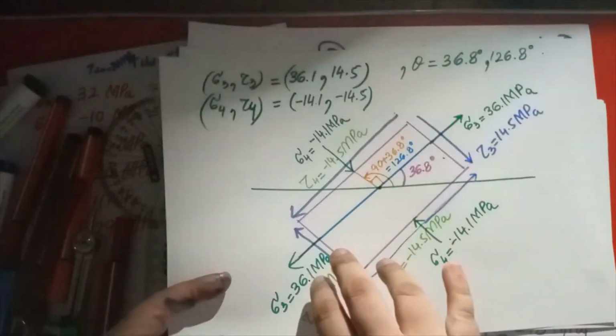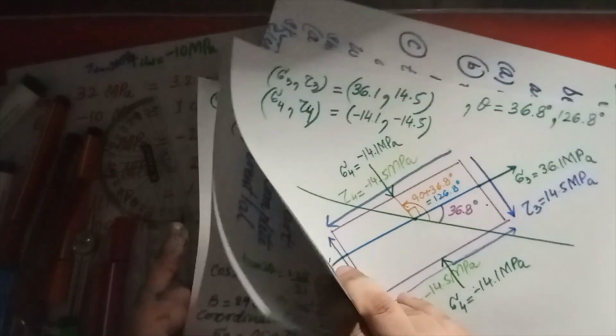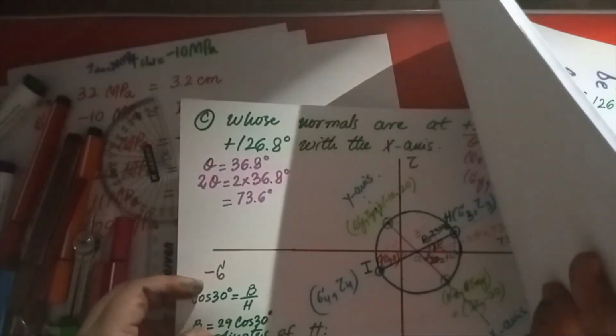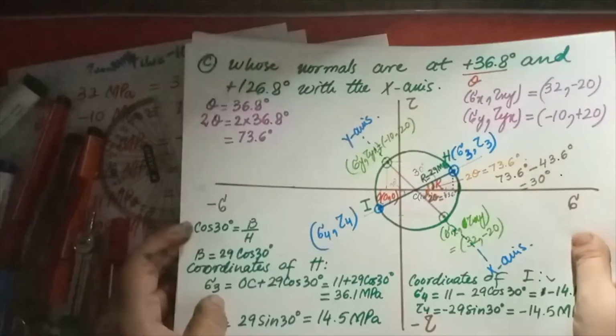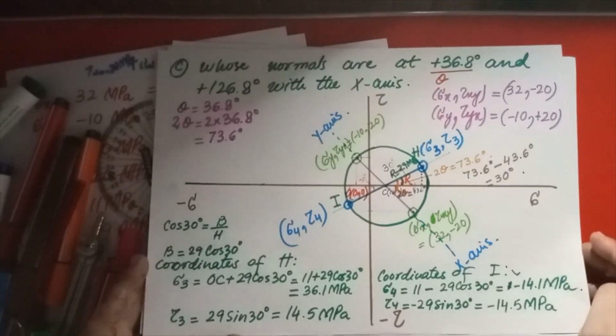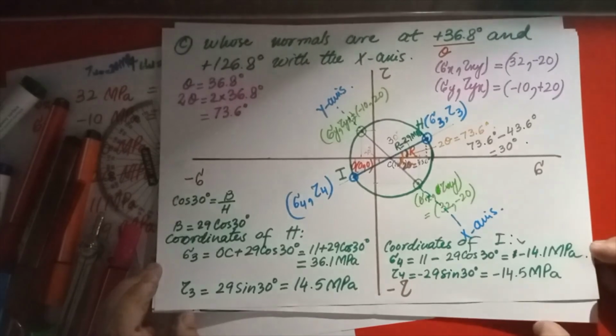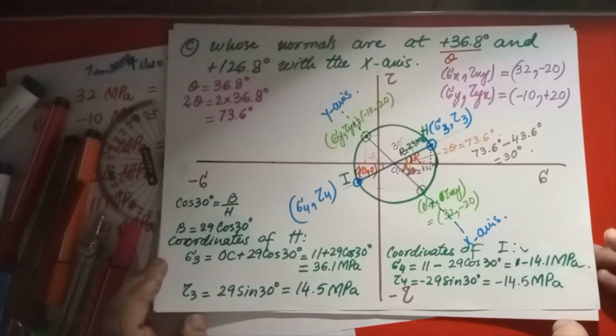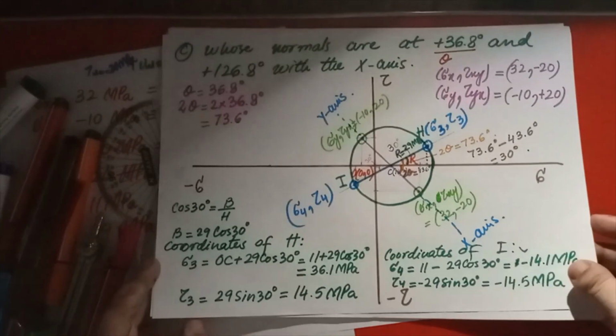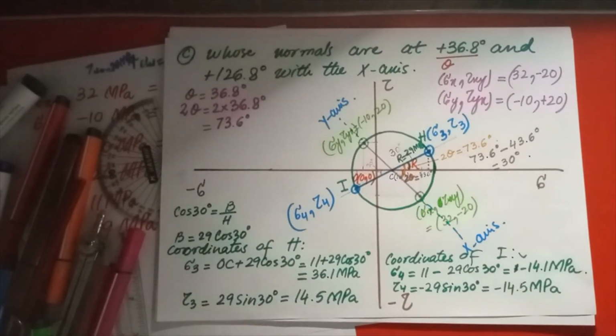So hopefully you will like this and understand this numerical. And this is the picture where we have calculated sigma 3, tau 3, sigma 4, tau 4. So you will get the point.